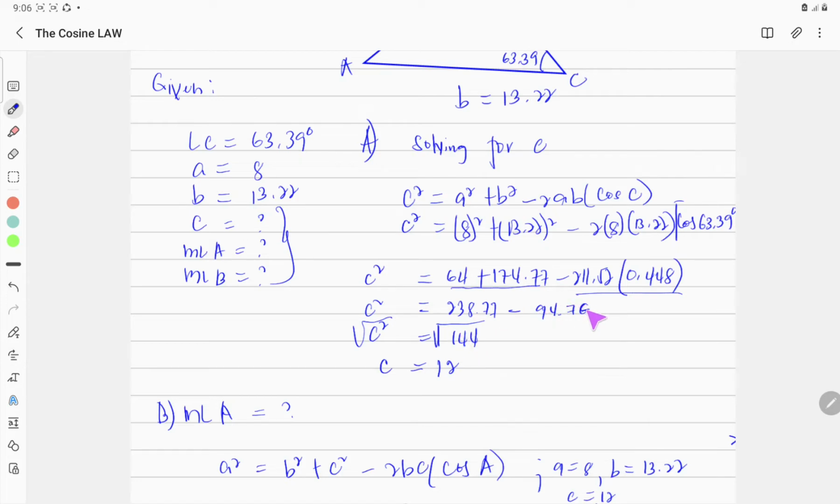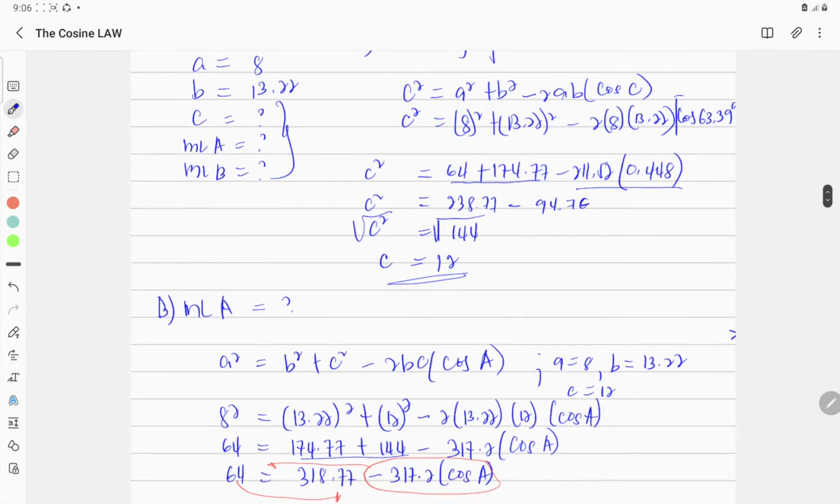Taking 94.76 from 238.77 gives us 144. Since c is squared here, we take the square root of both sides, so c is equal to 12.